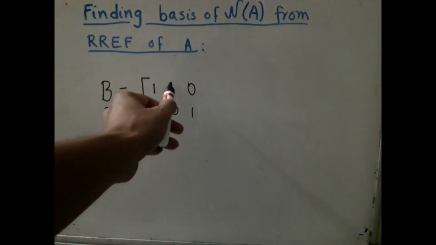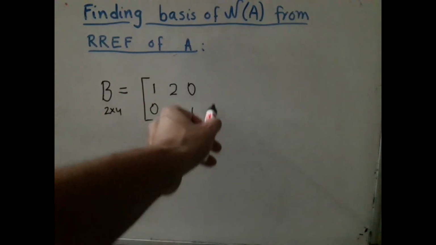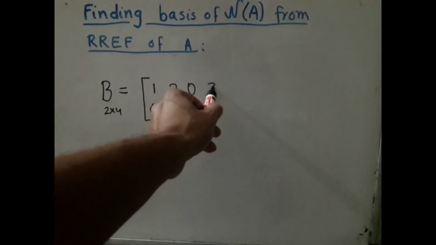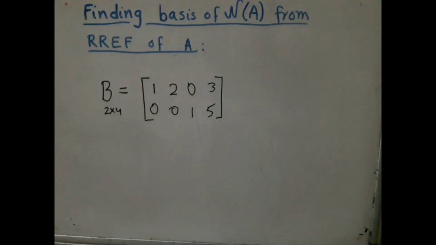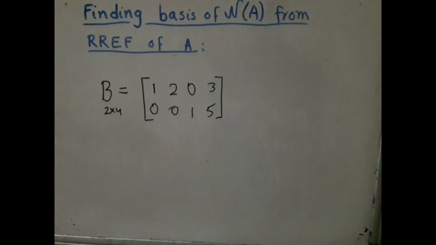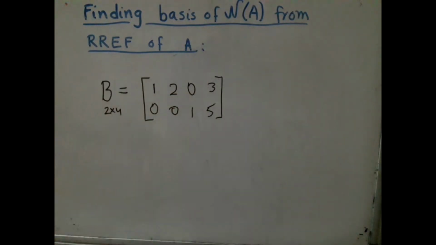Now whenever I have a 0, I can put anything else here. So suppose I put the number 2, and since this is the leading one, these things may be just anything. Suppose I put the numbers 5 and 3. So this is a typical way by which I can quickly construct a matrix in RREF. Now we shall construct its null space in a systematic way, and from that we shall see a pattern.